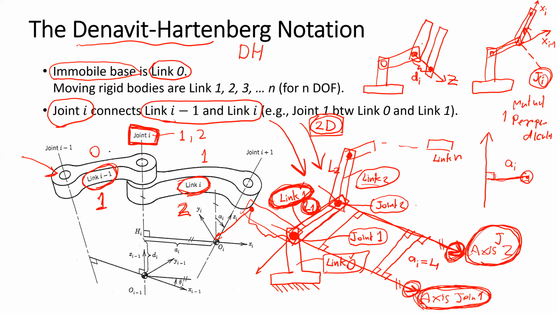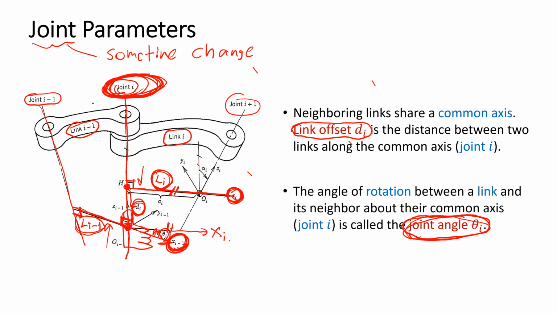On the 2D plane, it's easy to understand. But for the 3D motion, we need to consider the direction of the vectors, the mutual perpendicular of link I minus 1 and the mutual perpendicular of link I, and find the joint angle.